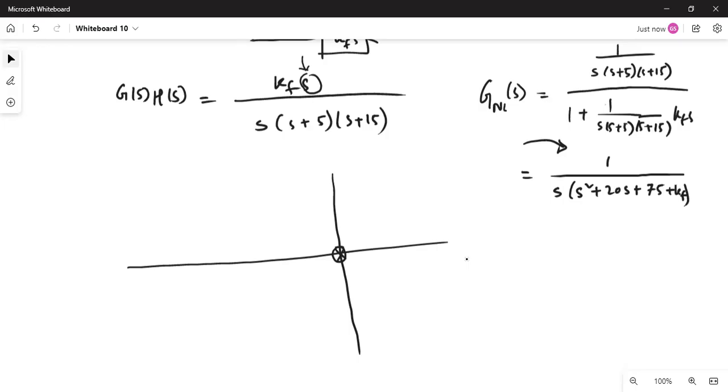Because the pole and zero are at the same location, this pole cannot change its position. And the other poles are at -5 and -15, somewhere here.